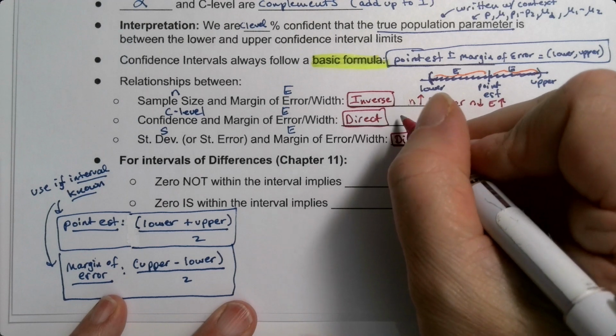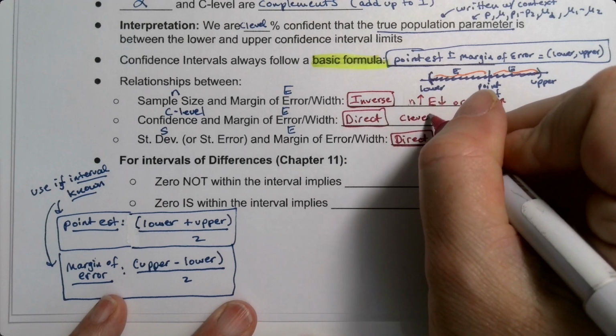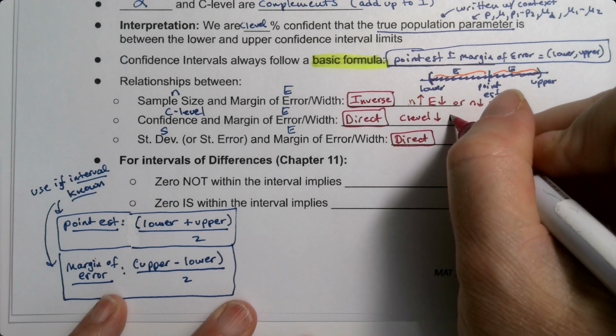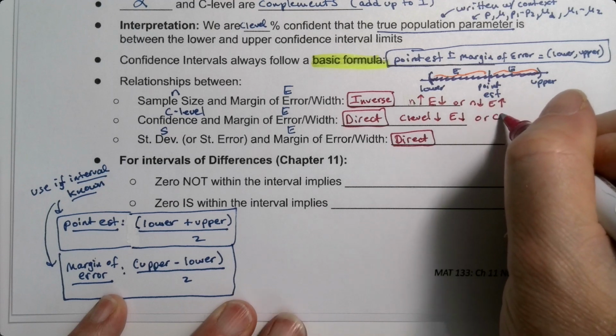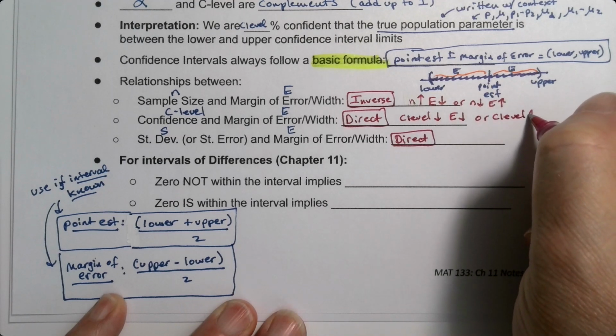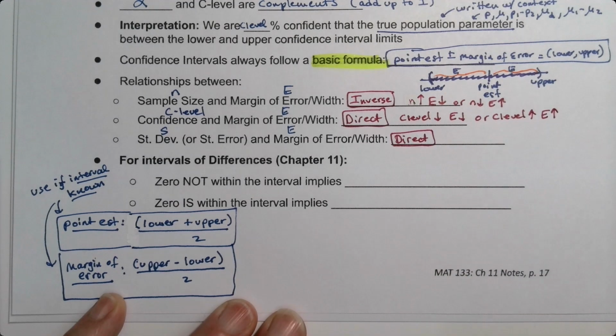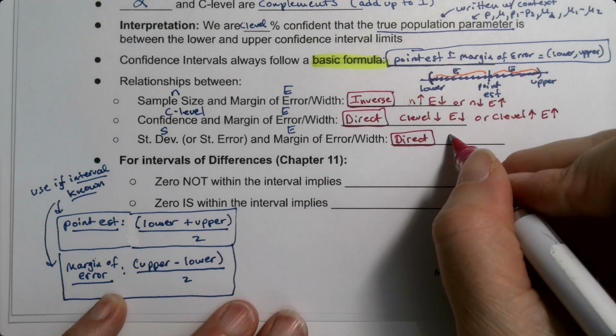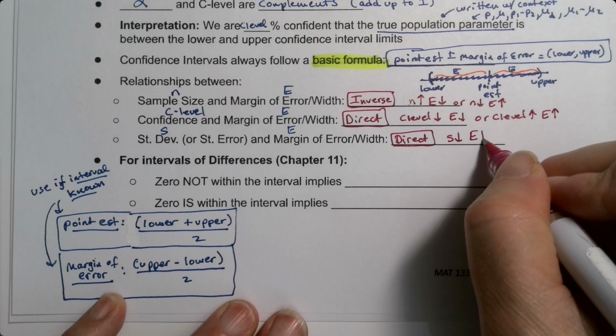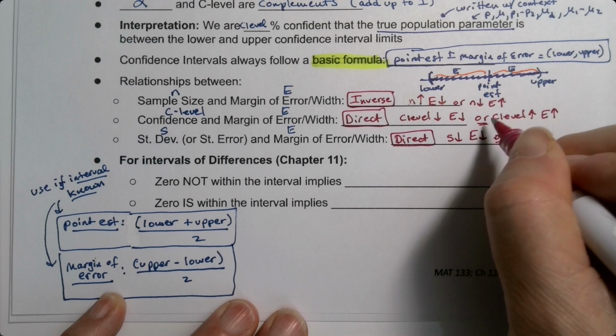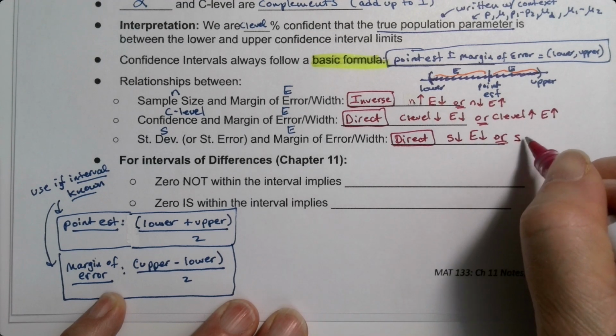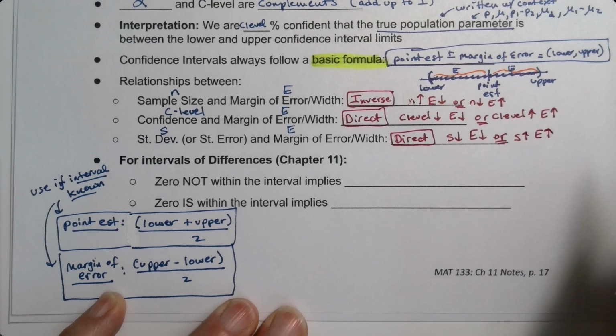Direct relationship means that if C level goes down, error goes down, or if C level goes up, error goes up. And same with the standard deviation. If S goes down, error goes down, or if S goes up, error goes up.